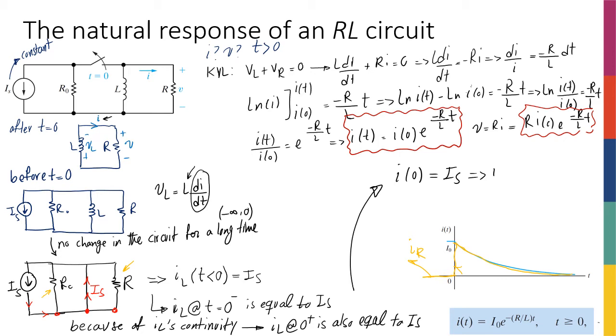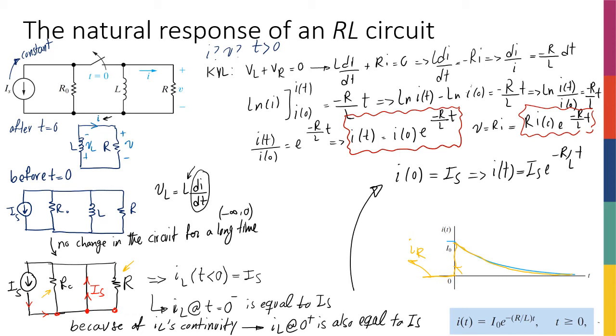Therefore, my I(t), the current as a function of time, is going to be IS times e to the power of negative R over L times t. Now I have everything because IS, R, and L are given. I have my current after t equal to 0 as a function of time, and the voltage is just going to be R times that, so I'm not going to even write that.